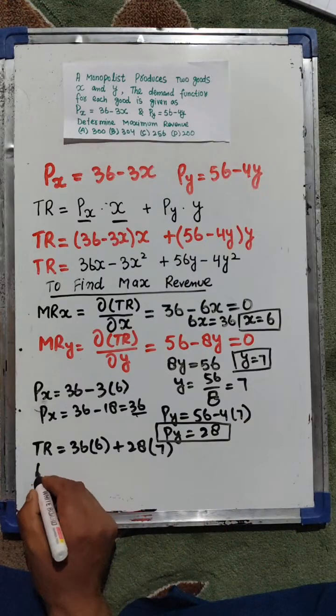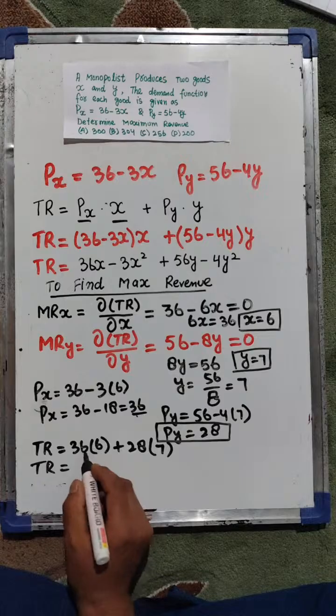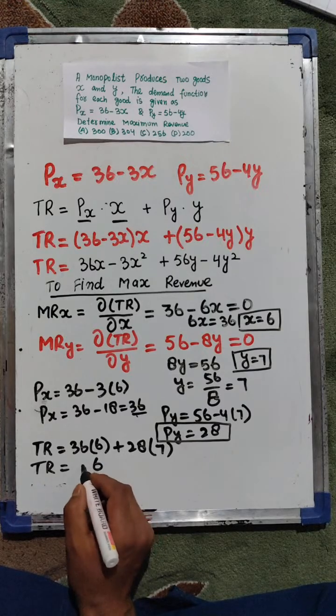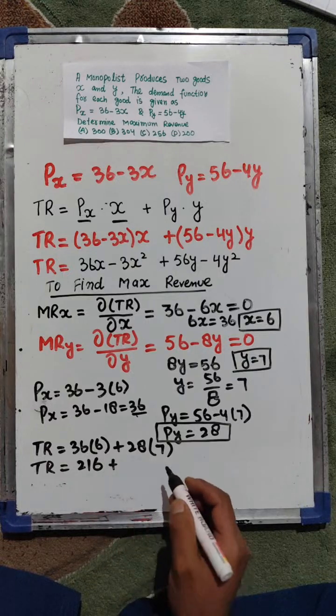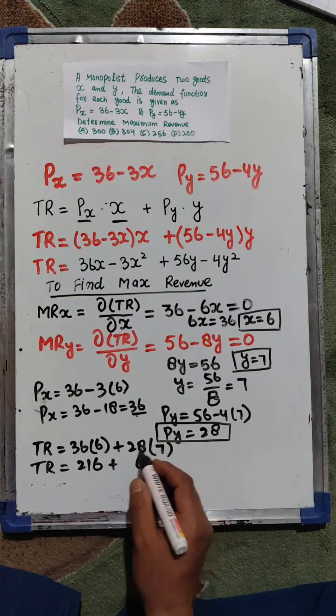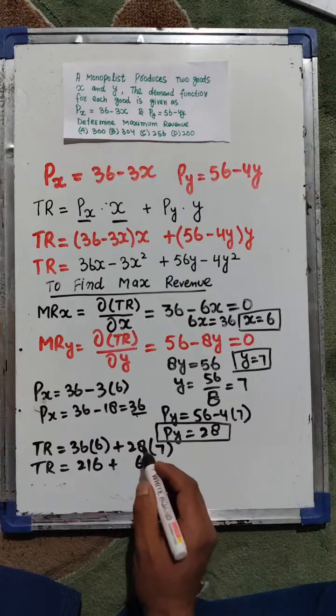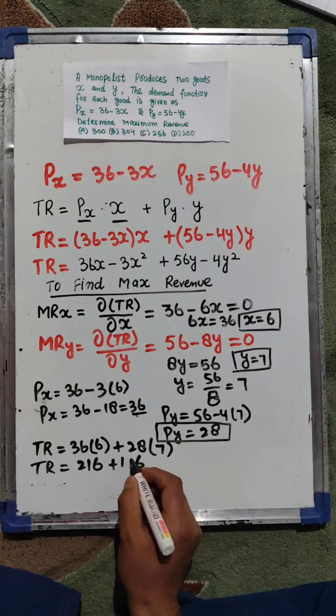So 6 6s are 36, 6 3s are 18, 19, 20, 21, so 216, plus 7 8s are 56, 7 2s are 14, 15 16 17 18 19, so it is 196.